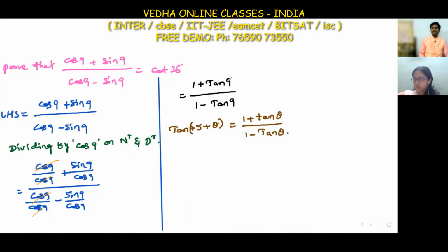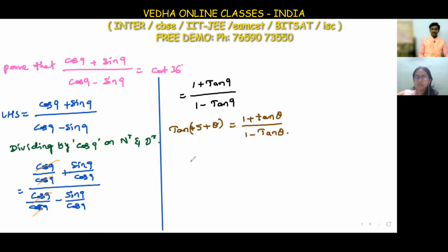Otherwise, you can use the other formula tan of A plus B, which is tan A plus tan B by 1 minus tan A tan B. Tan A is tan 45, and tan 45 is 1. That's why we get 1 plus tan 9 divided by 1 minus tan 9.